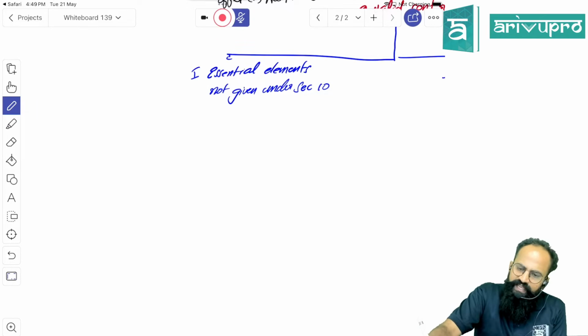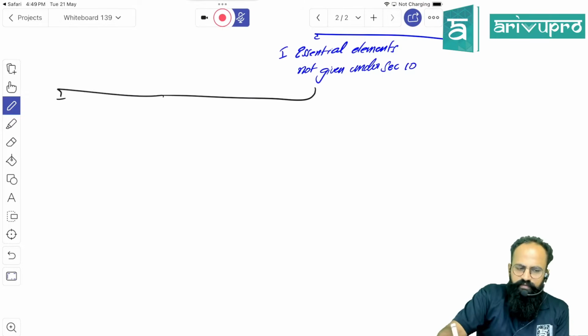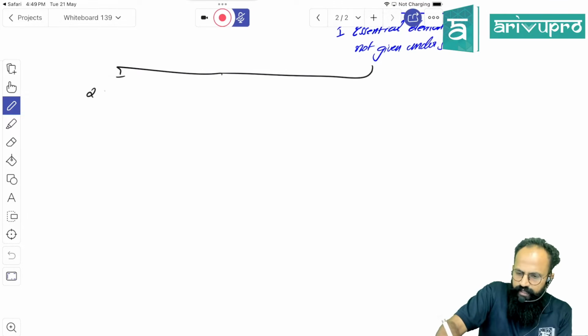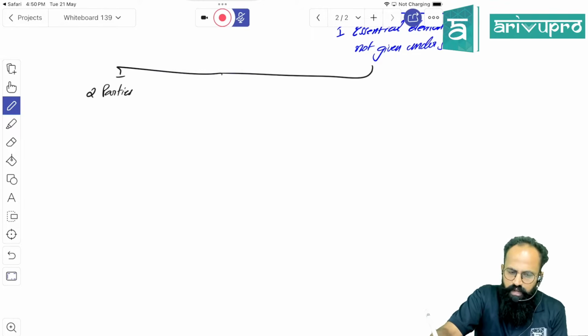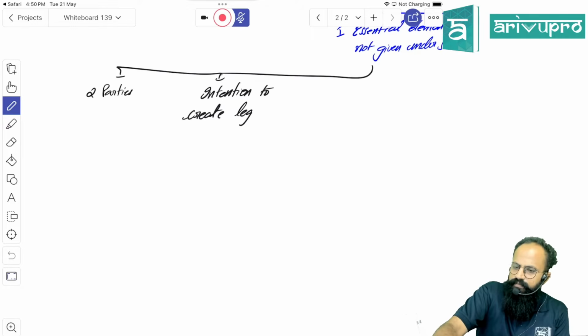I'll be writing 5. You guys can make it as a different heading and write it down. First one is two parties. Next one is intention to create legal relationship.